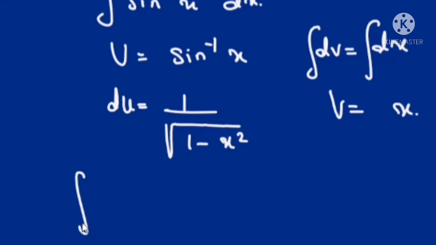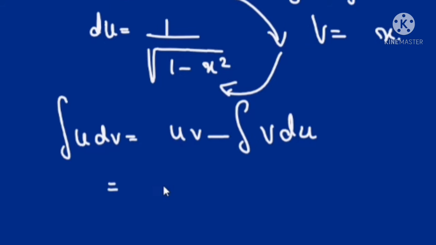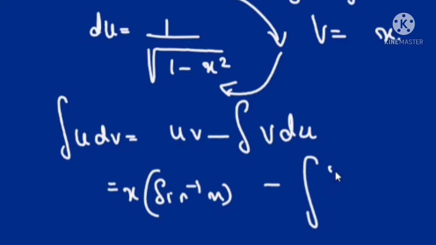So integration by parts is integral u dv is uv minus integration of v du. That is u into v minus v du. So u is sine inverse x into x minus v is x by root of 1 minus x square dx. Okay. U into v minus v du. V is x, du is this.